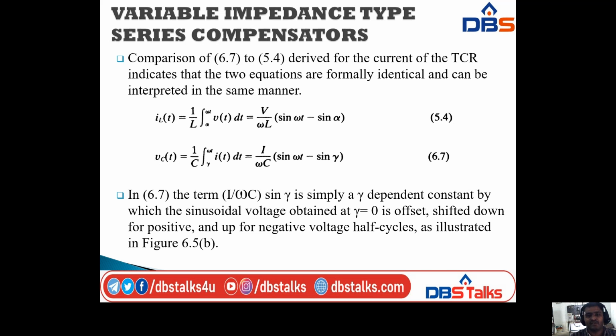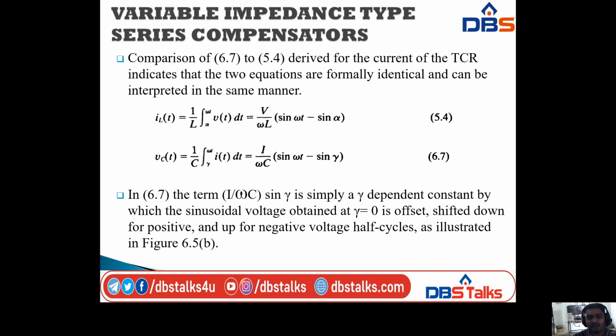In comparison of 6.7 to 5.4, 5.4 is derived in the TCSC concept in the shunt compensation, that is IL of t equal to 1 by L into integral from alpha to omega t of v of t dt, and at that time we have the equation IL of t equal to V by omega L into sin omega t minus sin alpha.